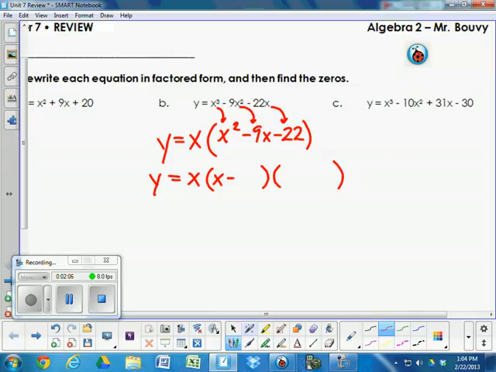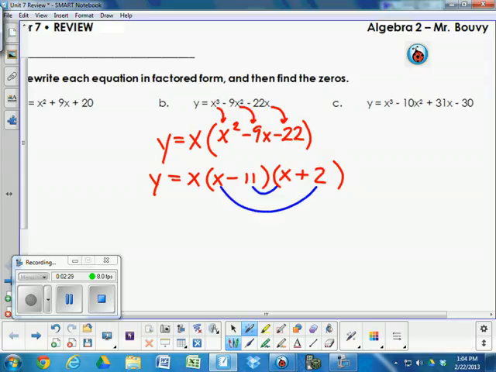So you have a minus and a plus, or a plus and a minus. The order doesn't matter. But the numbers that you assign those signs to matter. You need to have the negative with the 11 and the 2 with the plus, so that when you do your inside-outside, you get a negative 9x.